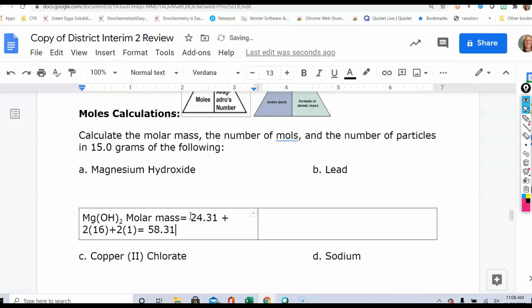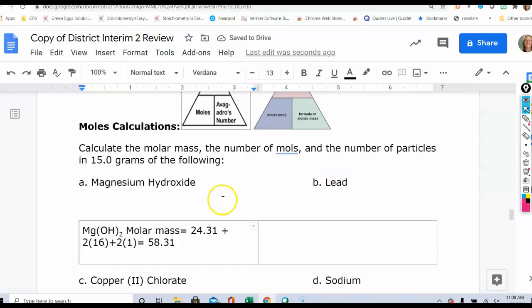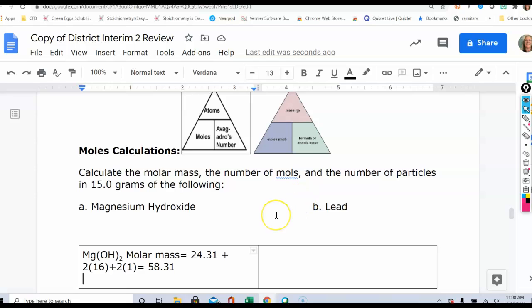I think I just did that right. Checking it on my calculator first, because you know what my math skills are like in my head sometimes. It is 58.31. That is my molar mass. And then I'm going to need to be able to calculate the number of moles. So moles is going to be equal to grams divided by molar mass.